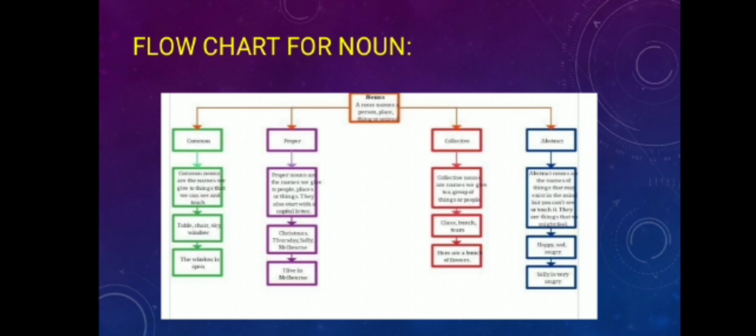This makes them know what it is and how to use it. These are the examples. They can easily understand the important points, such as common nouns are the names given to things that we can't see and such. This is the easy way to teach students.